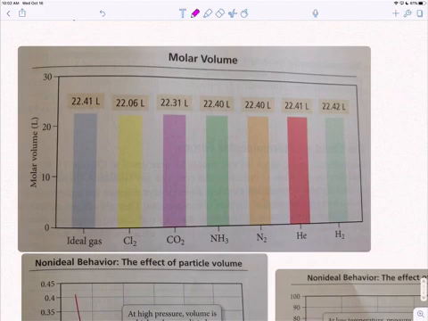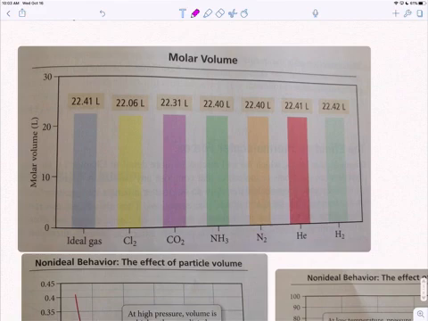But this is what I mean by this. At this temperature and pressure, most gases are relatively ideal. And it's true. Most gases do act relatively ideal. When do gases not act ideally? When they're under high pressure or low temperature.